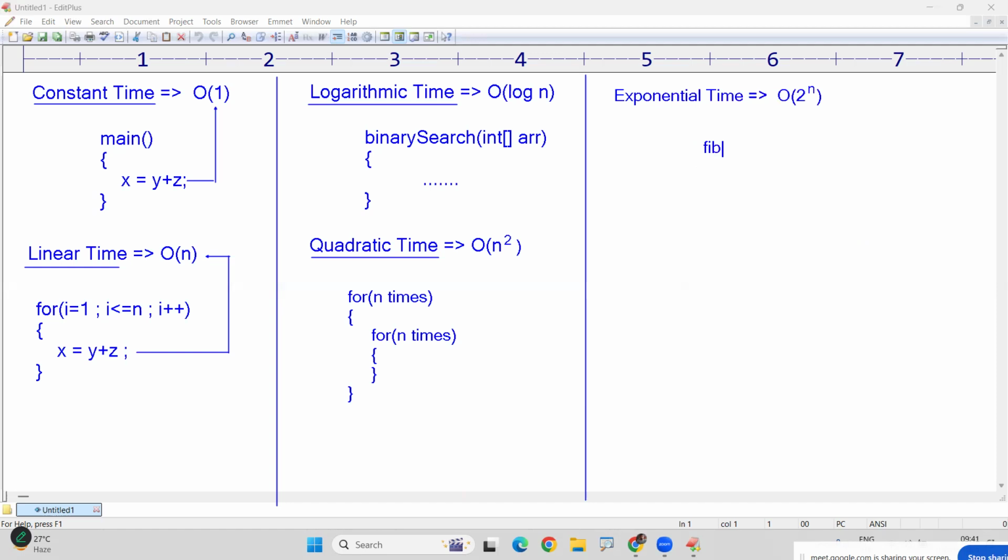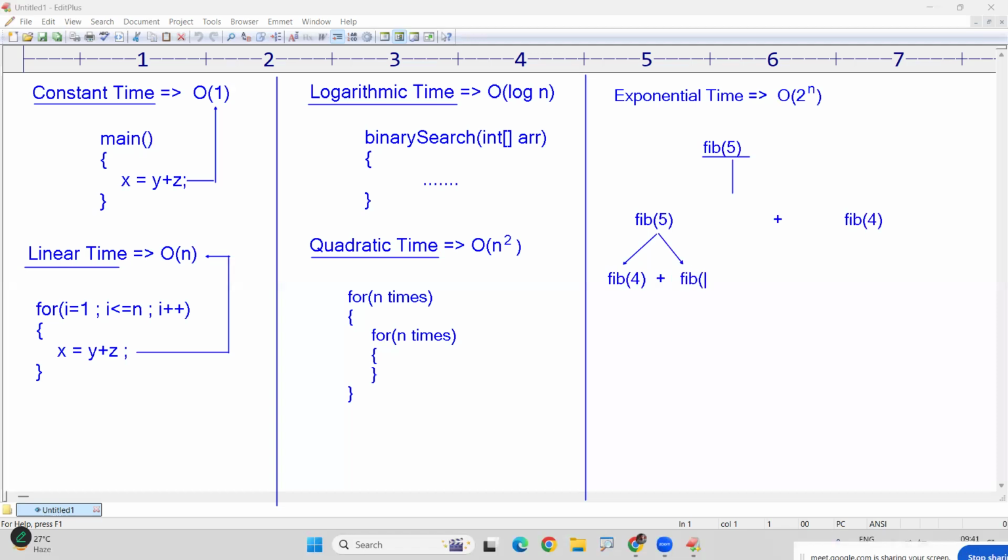Suppose you pass Fibonacci of 5, consider how it will calculate. First Fib of 5 plus Fib of 4. And again here it calculates: Fib of 4 and Fib of 3.